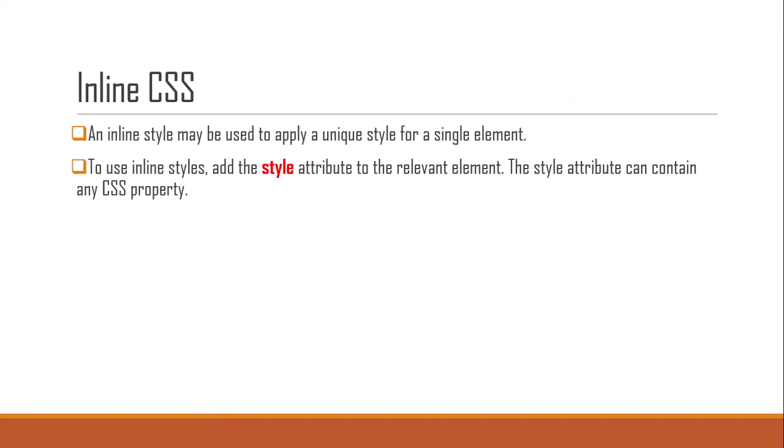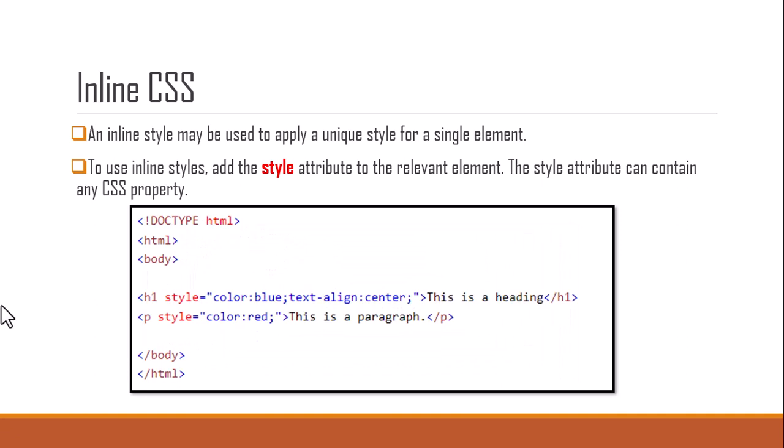So inline style sheet. An inline style may be used to apply a unique style for a single element. To use inline styles, add the style attribute to the relevant element. Then the style attribute can contain any CSS properties. For example, here we have heading 1 and paragraph elements.